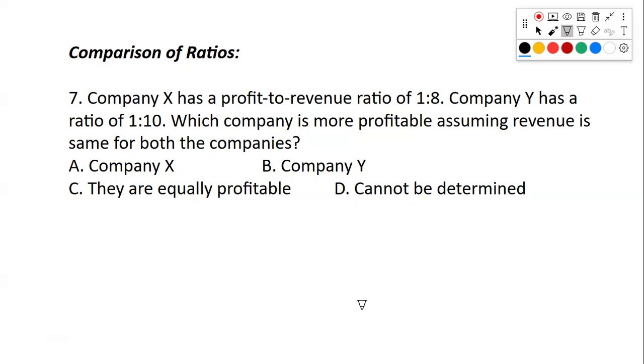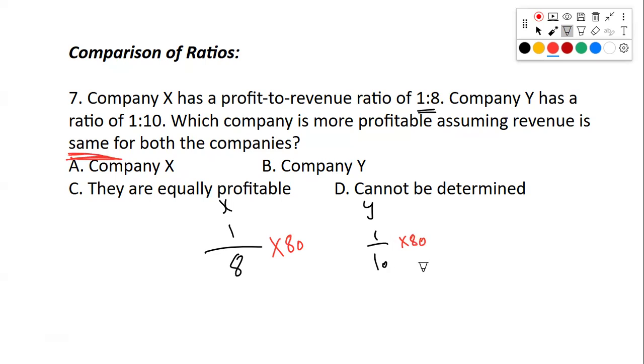So different ways of looking at profit to revenue ratio. If my revenue is 8 units, this is for X. Say Y is 1 by 10. So revenue is 10, 1 is my profit. Assuming revenue is same for both the companies, let's take a common multiple. Say 80 units is the revenue for both of them because it should be same. And why have I chosen 80?